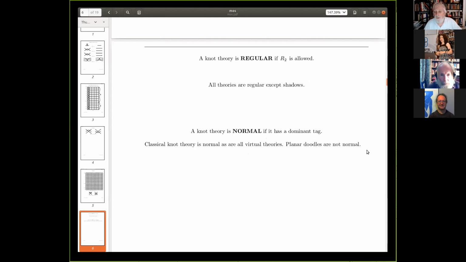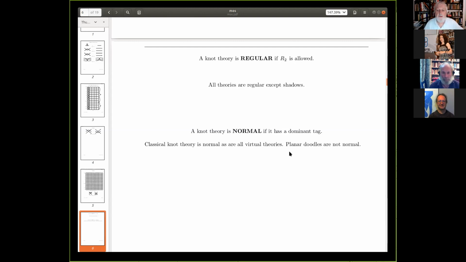Planar doodles are not normal, because they don't have the R3 move, you can't possibly talk about them being normal. But on the other hand, virtual doodles, where instead of doodles being on a plane, they're on an orientable surface, they are normal.